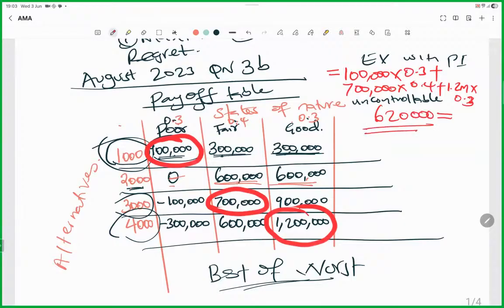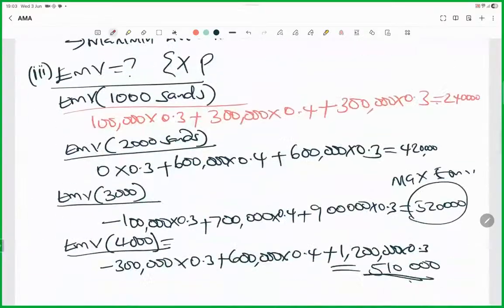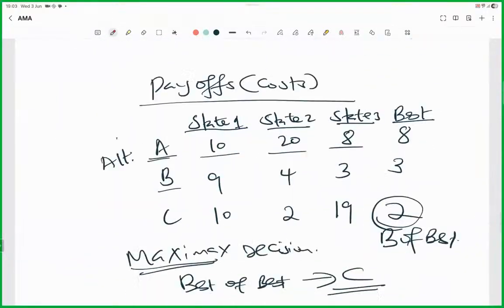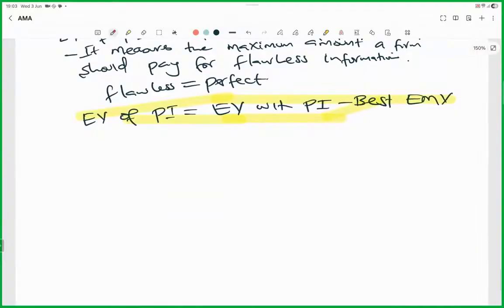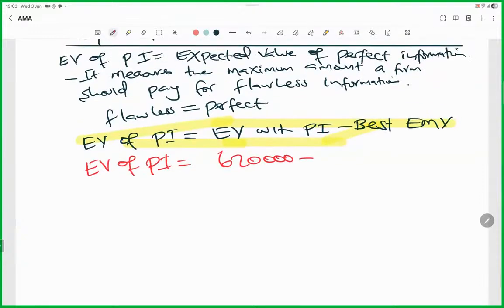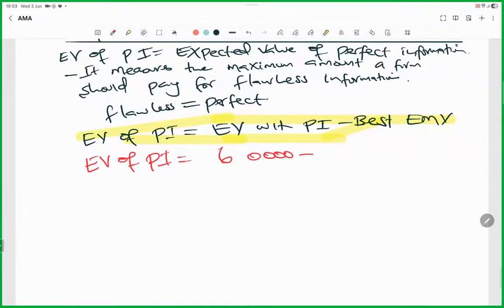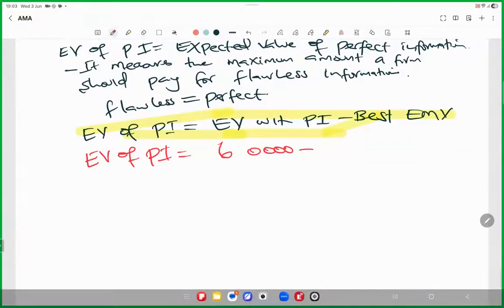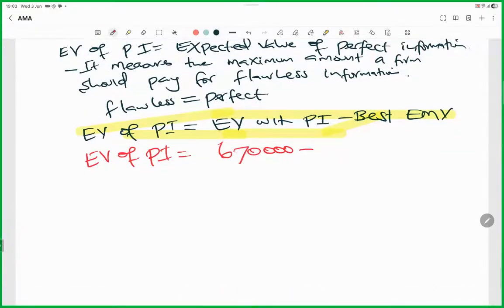Is that okay? Then we come here and get what we are calling EVPI. So our EVPI will be EV with PI, which is 670,000, sorry for that, minus best EMV that you had obtained up there, which is 520,000.